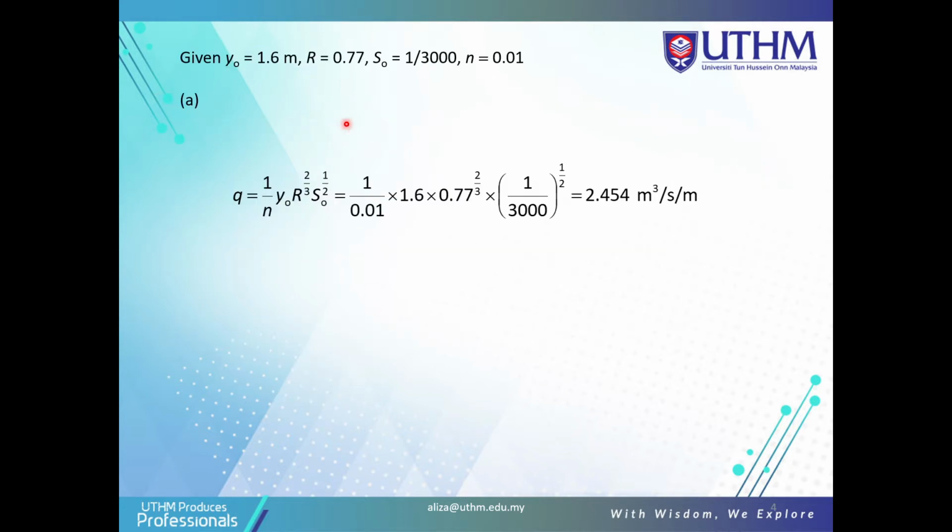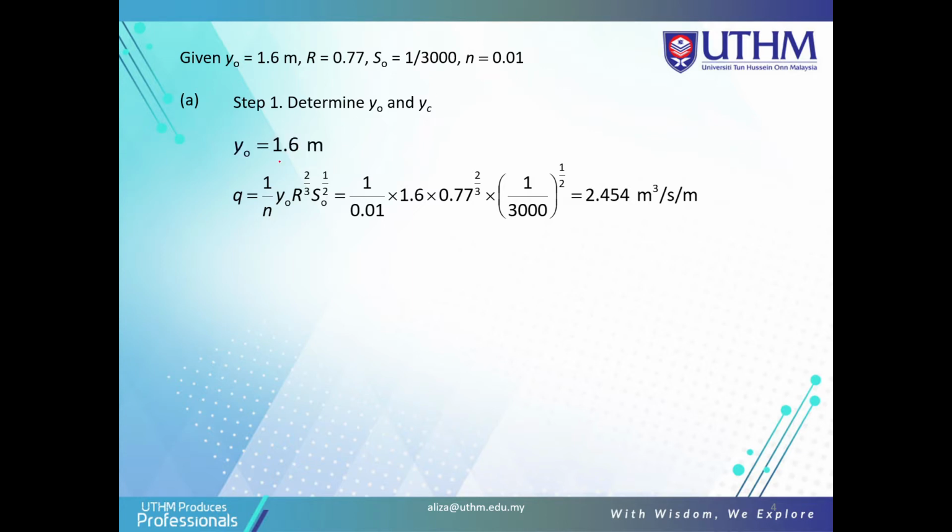Okay, so we know that the given data is y naught is 1.6 meter, R is equal to 0.77, S naught is 1 over 3000 and n is 0.01.